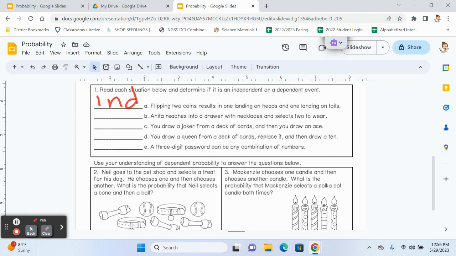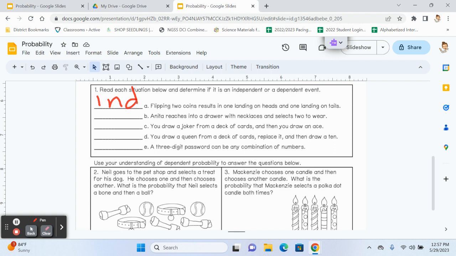The next situation: Anita reaches into a drawer with necklaces and selects two to wear. So she's got her drawer. She takes one out, doesn't put it back in, and then selects another one. For example, say she had 5 necklaces in the drawer.